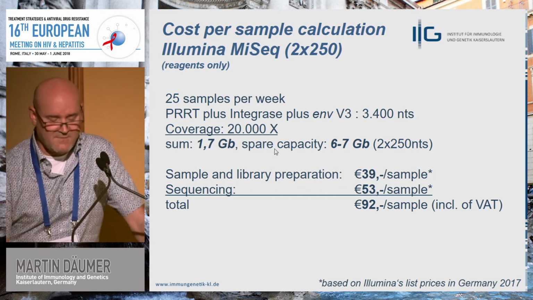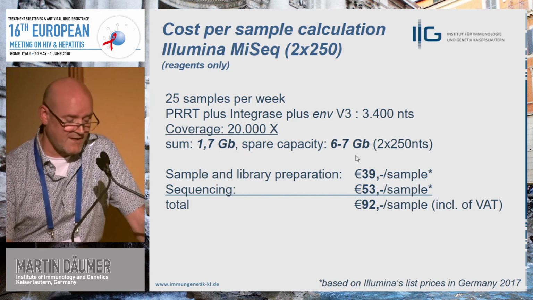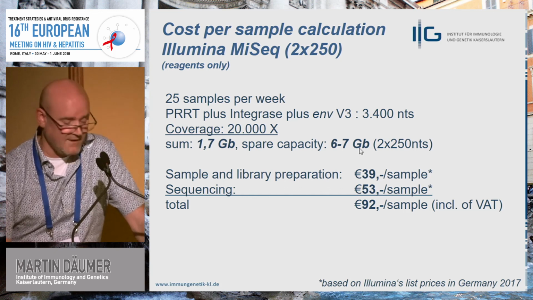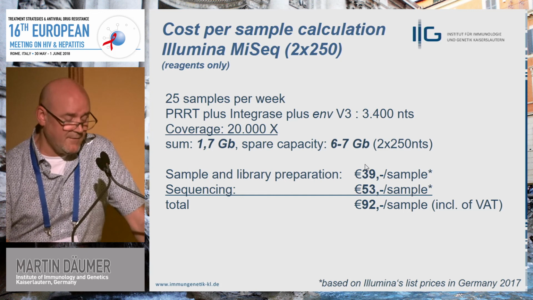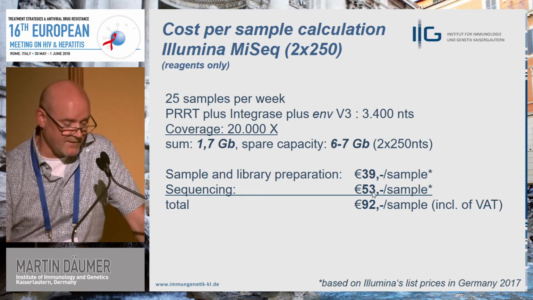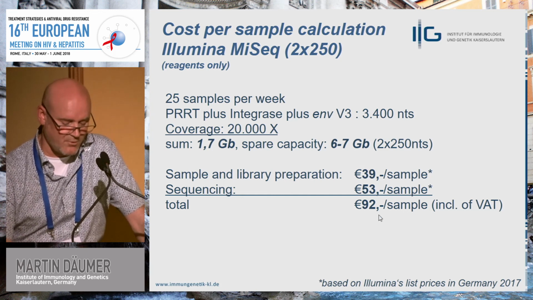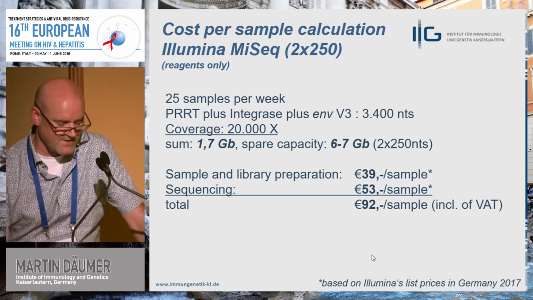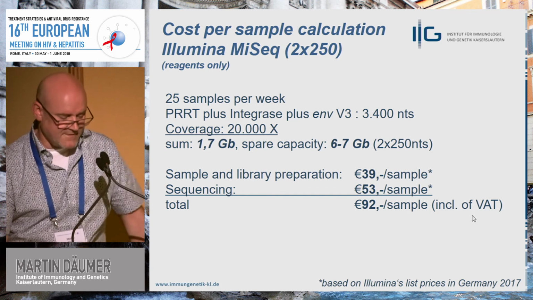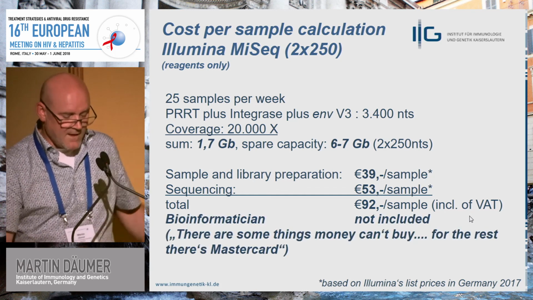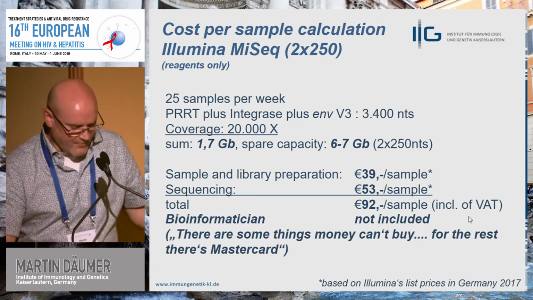So there's still spare capacity for other projects of 6 to 7 gigabases, and this run covering all the reagents will end up at 92 euros per sample. So this calculation is based on Illumina's price list in Germany in 2017. So what is not included, once again, is the bioinformatician.